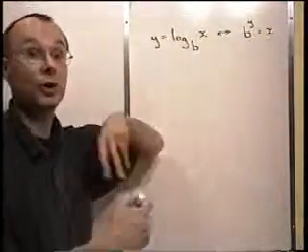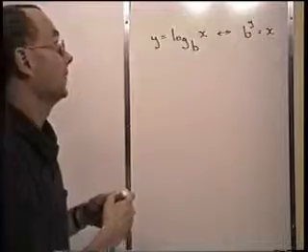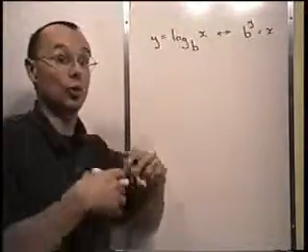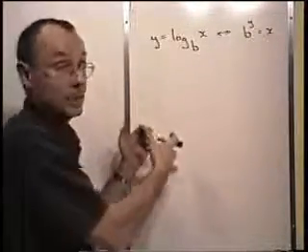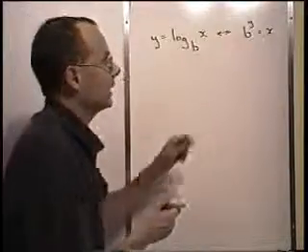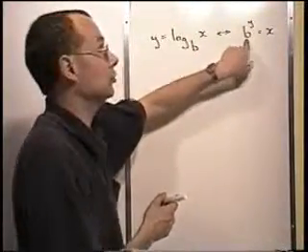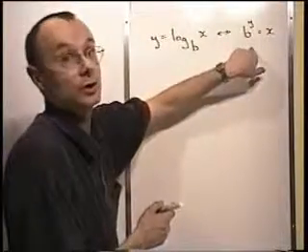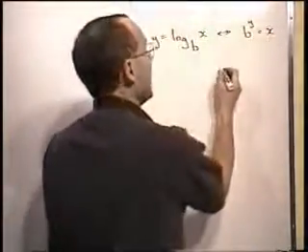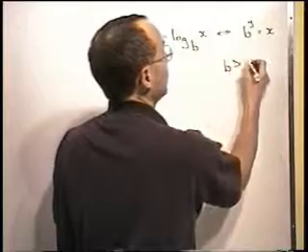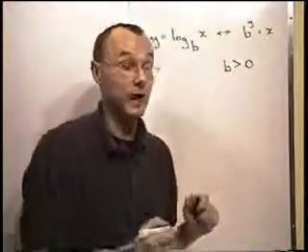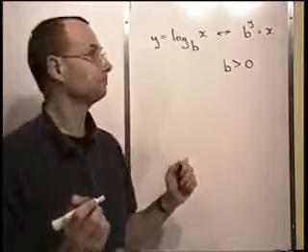Just as we saw with our domain and range, there were certain restrictions or behaviors for the x and the y. It turns out like this. For b, in order for this to be a function, b has to be greater than 0. So it has to be a positive number.